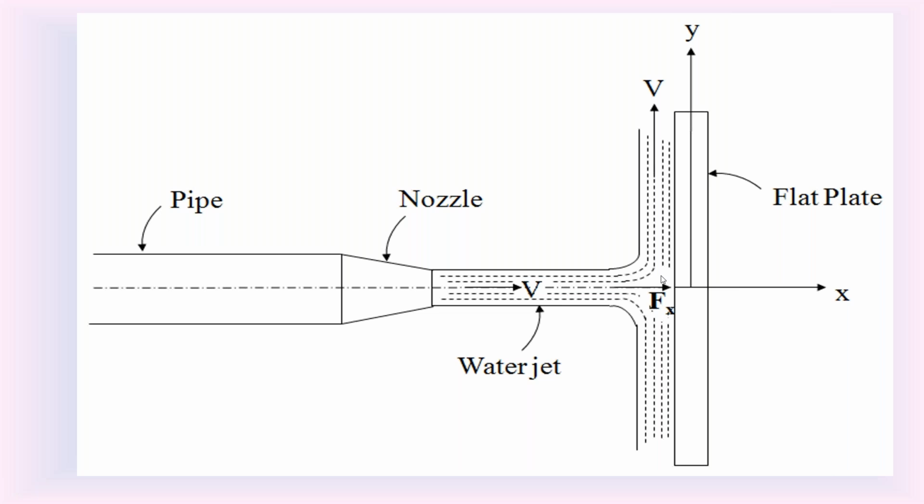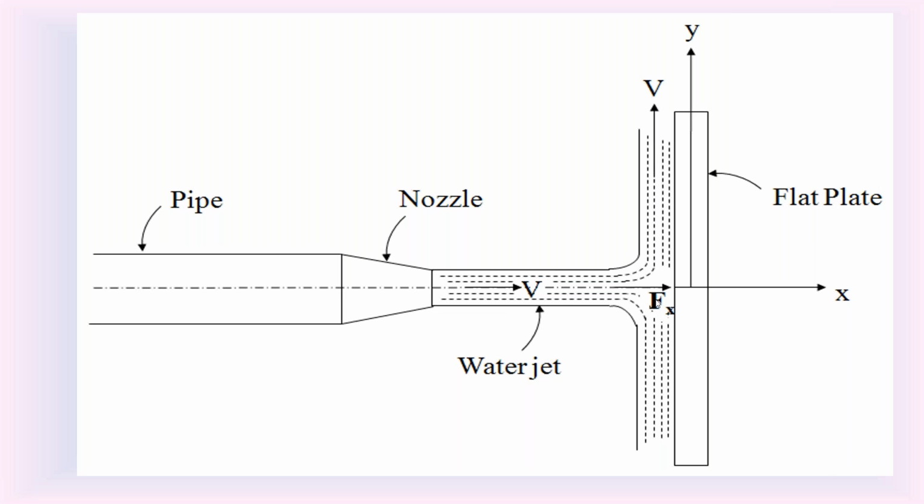That is equal to mass of water jet into the initial velocity of water jet in the direction of force Fx minus the mass of water jet into final velocity of water jet in the direction of force Fx, divided by time.